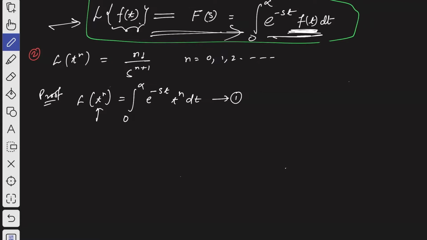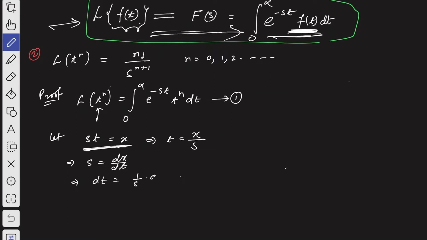Now let us put st is equal to x, suppose, so that t is equal to x by s, right? Now if you differentiate both sides with respect to t, then you will get s dx by dt, then dt will be 1 by s into dx, that's what you will get, okay?